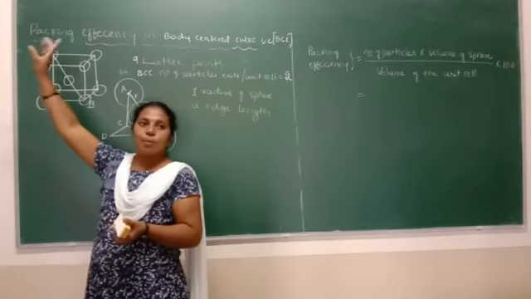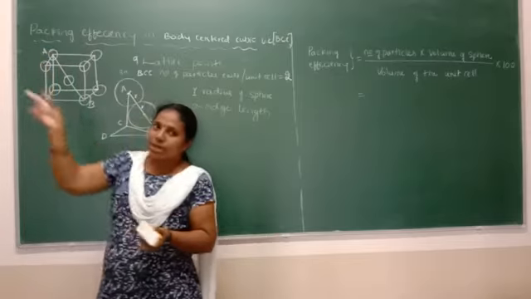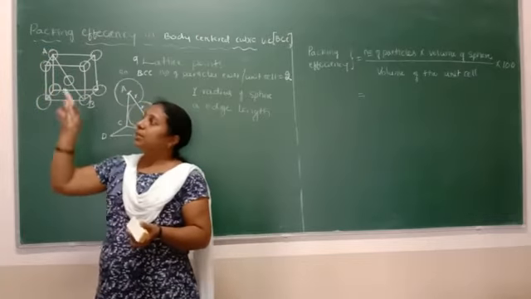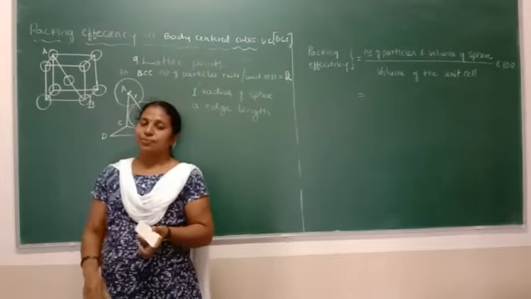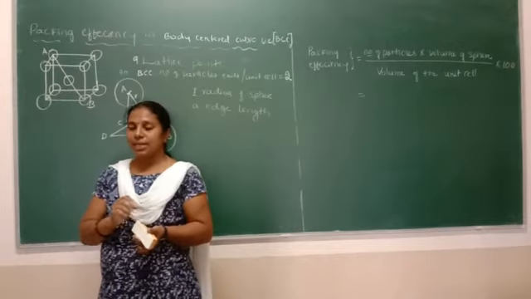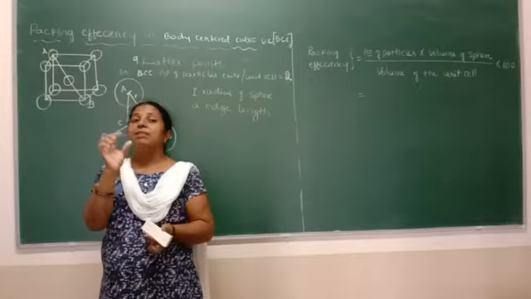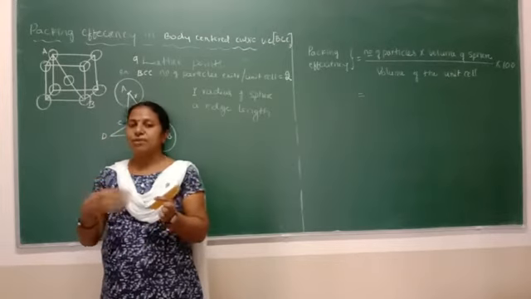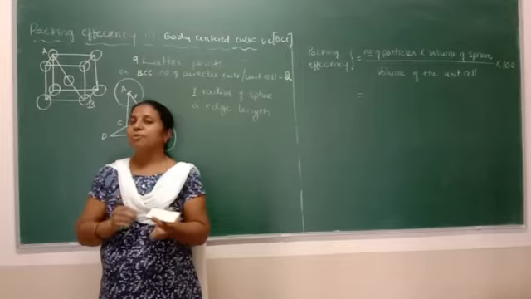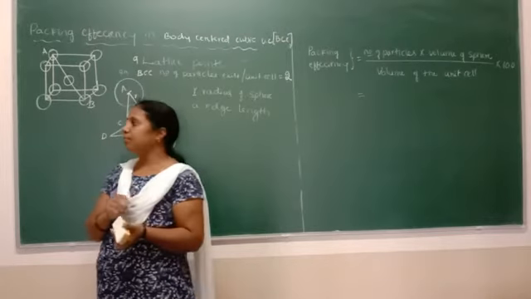From the top corner to the bottom corner, you draw a diagonal so that the line passes through the body centered particle. What is meant by the body centered particle? A central particle placed at the center of the body, equidistant from all the sides, can be taken as the body centered particle.